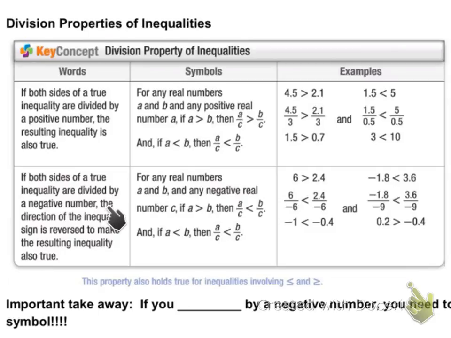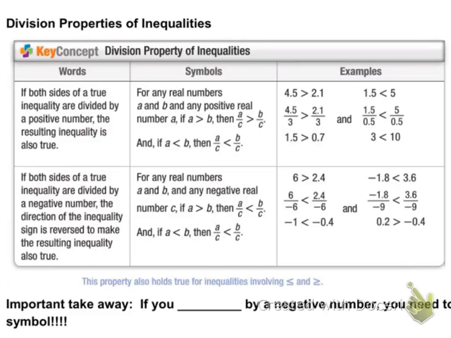When dividing by a negative number, the direction of the inequality sign is reversed or flipped again. So, if C is a negative number and A is still greater than B, when I divide both sides by C, now A divided by C is less than B divided by C. So, when you divide by a negative number, you flip the inequality symbol.